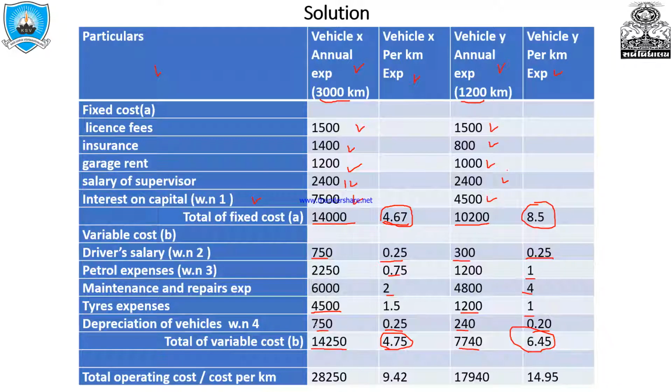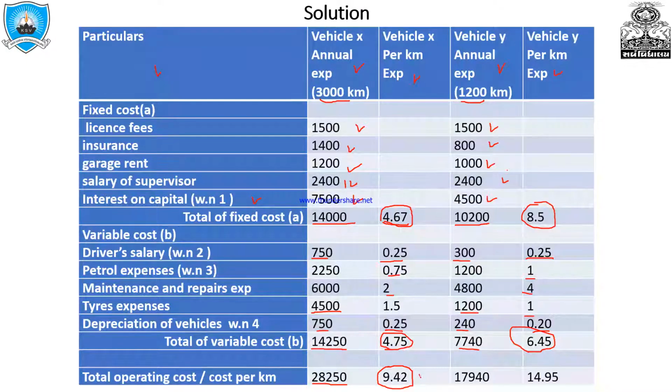6.45. So now the totaling of both fixed and variable cost: 14,000 plus 14,250, answer is 28,250. For per kilometer, 4.67 plus 4.75, the answer per kilometer vehicle X expense is 9.42.